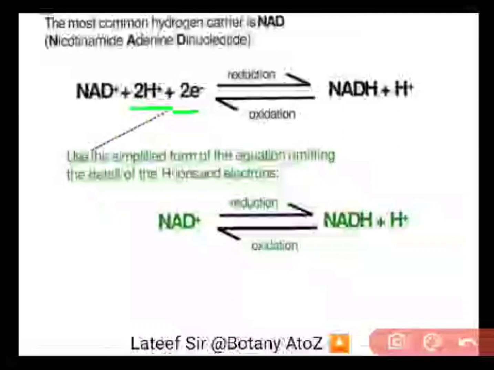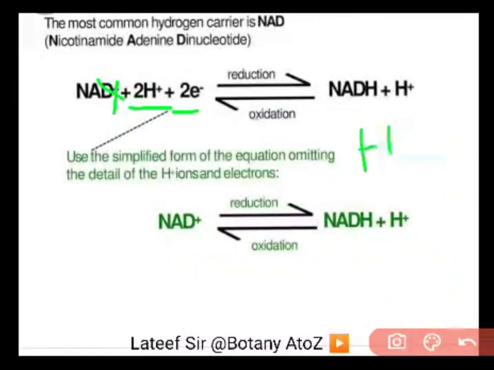One of the electrons will be used to cancel out the positive charge on NAD positive. The other, remaining electron will convert one of the protons into hydrogen. Electron plus proton is equal to hydrogen.